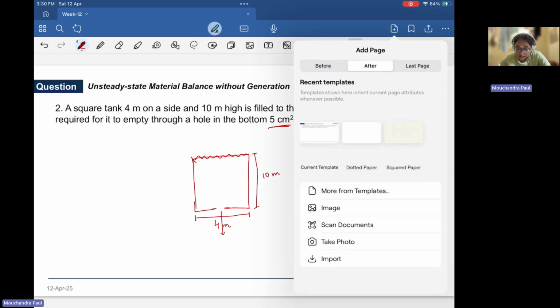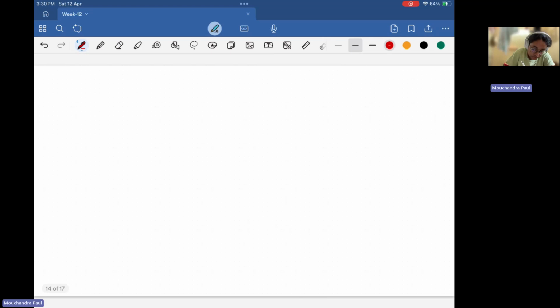What is known to us? We know at time t equals 0, height is 10 meter.